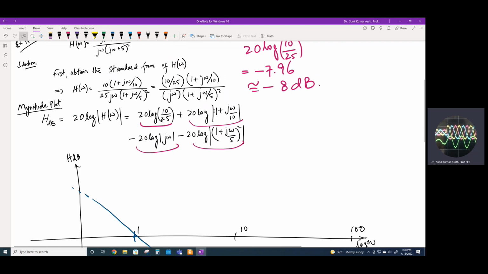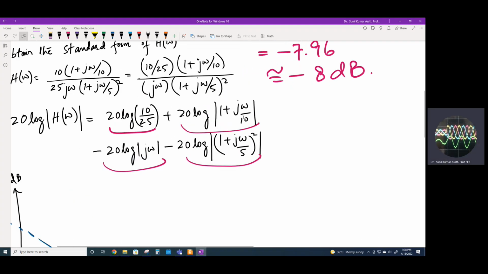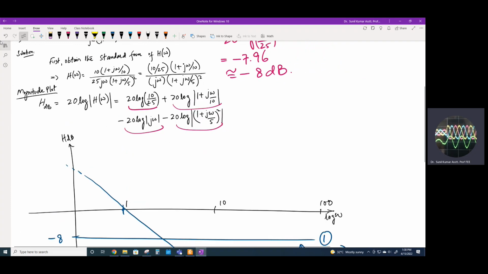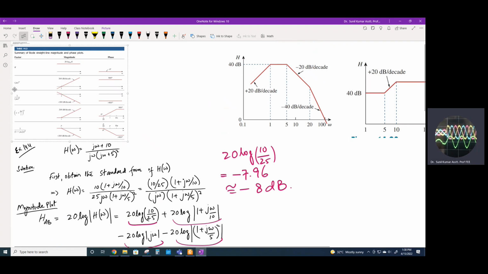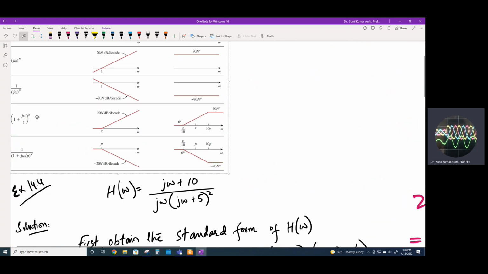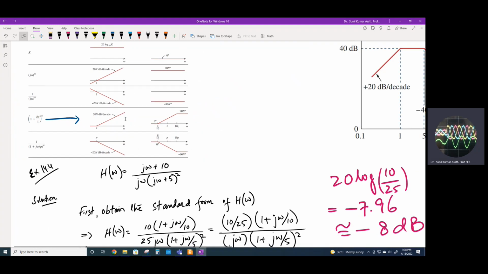So next I have a zero at omega equals 10. Okay, this is in the numerator, so it will be a zero. That means a positive rising slope after omega equals 10, as shown here in this case. 1 plus j omega over 10 has a slope like this at the rate of 20 dB per decade.